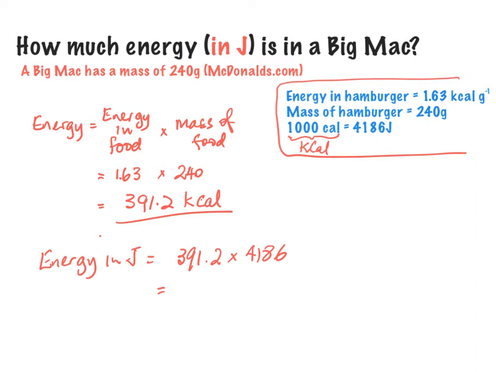And if we look at that, we end up with 1,637,563.2 joules. Now, I've said to you a good option is to always use prefixes like kilo and mega. Mega is a million, so I know that's going to be better for me. So I'm going to convert that to megajoules, and that's going to be 1.64 MJ, capital M for mega, capital J for joules.